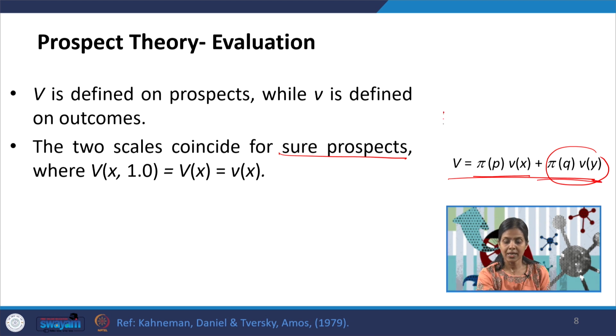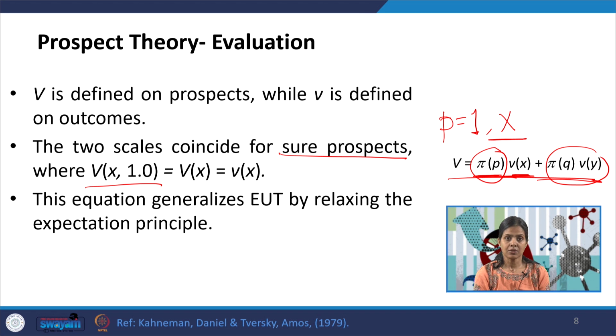So p takes the value of 1 and x can take any value, but this is a sure prospect, which means pi(p) equals 1, and as a result capital V(x, 1) is equal to small v(x) because pi(p) equals 1. So, that is how for any sure prospect the two scales coincide.